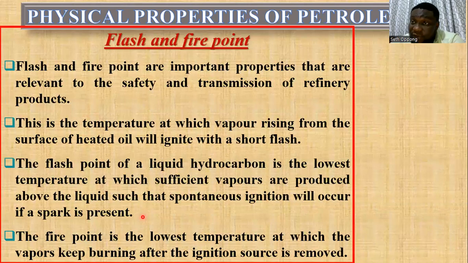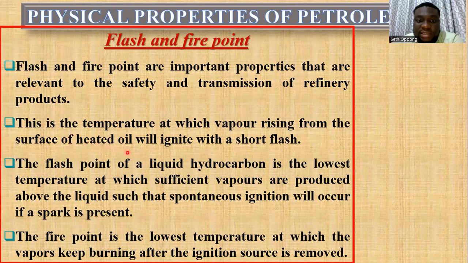Then we also talk about the flash point and the fire point. So what is a flash point? The flash point is the temperature at which vapor rises from the surface of the heated oil. Basically, the flash point is the temperature at which the first flash will occur when your crude oil is heated and comes to a source of ignition.